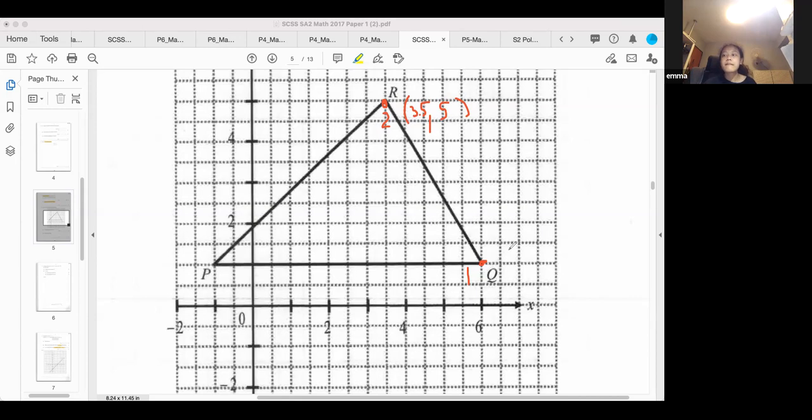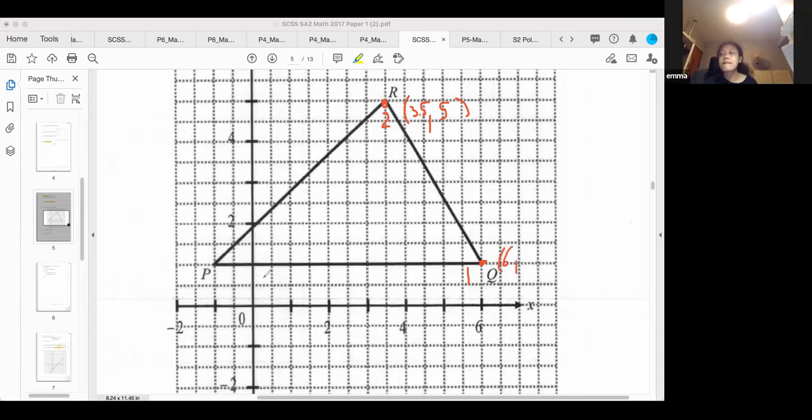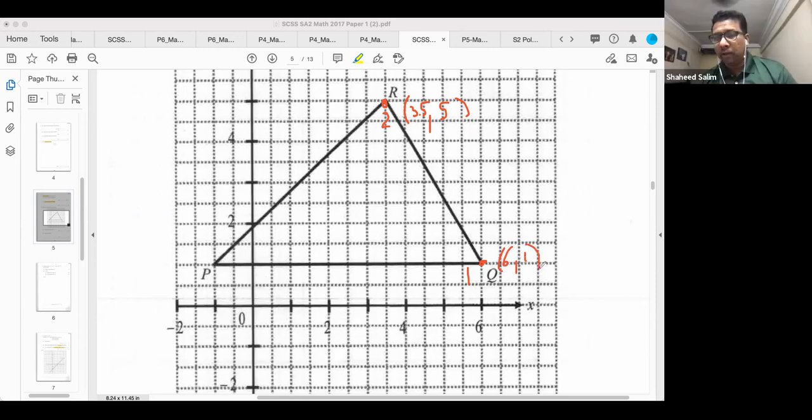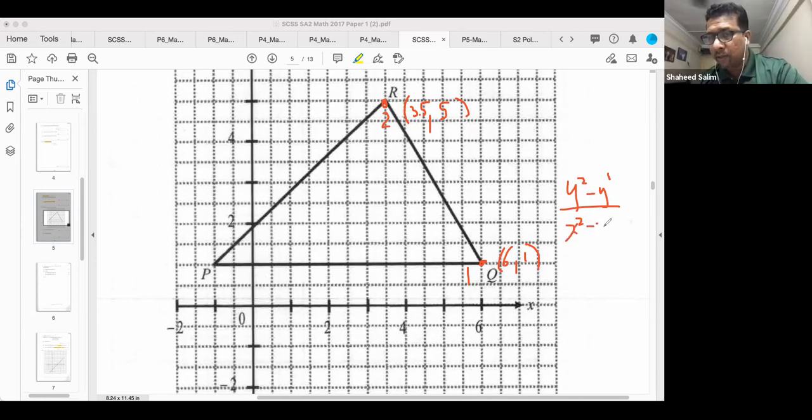X on here is 6, Y is 1. Formula, you will remember this. Gradient is Y2 minus Y1 over X2 minus X1. Do you remember this?